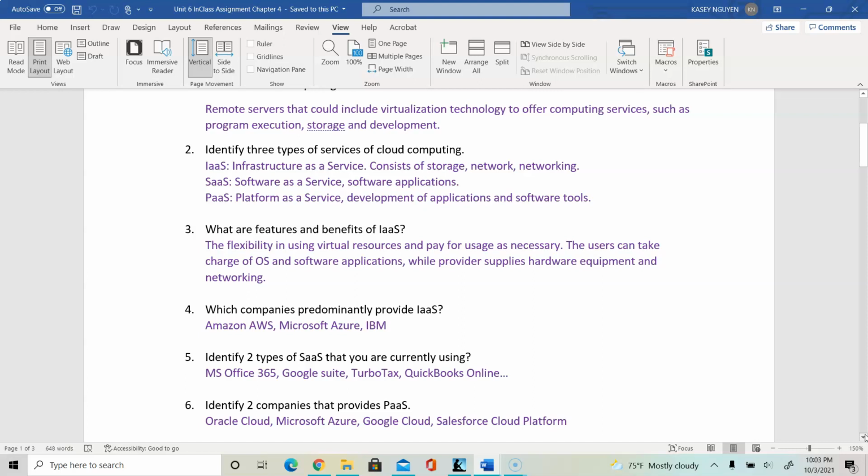So Microsoft Office 365, Google Suite, like Docs and so on, and then TurboTax and QuickBooks Online. So you can see there are a lot of different options available as software via the cloud. For number 6, 2 types of companies that provide PaaS, platform as a service, would be Oracle Cloud, Microsoft Azure, Google Cloud, and Salesforce Cloud Platform. Those are some of the major ones, but you do see other available vendors such as IBM and so on.